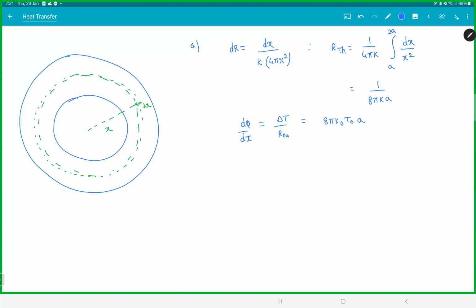Into x minus a by x. So if you put x is equal to a, are you getting 2T naught? Isn't that how you check your answer? If you put x is equal to a, you are getting 0. Okay, if you put x is equal to 2a, are you getting T naught?